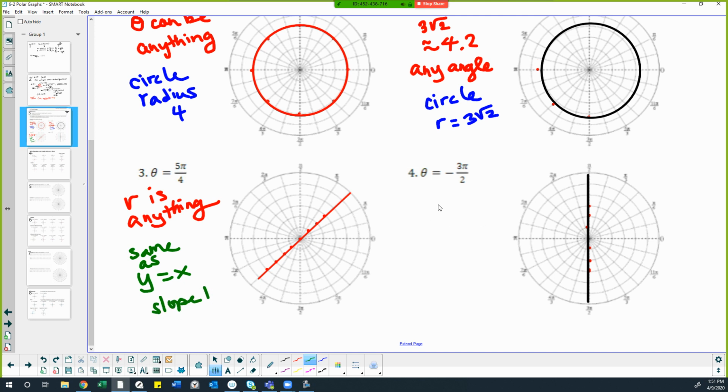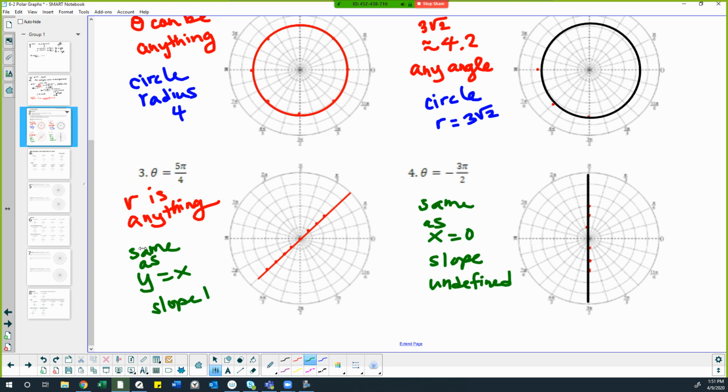This one would be the same as an equation of x equals 0. And for that equation, our slope is undefined. Just to kind of compare it to what you're already used to.